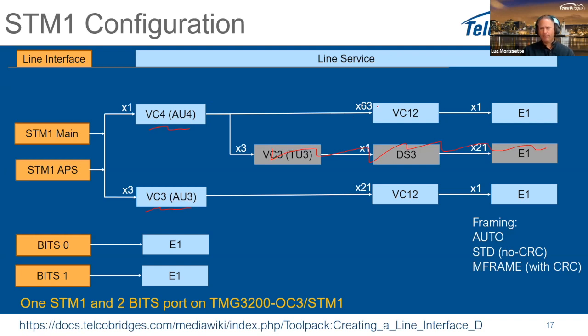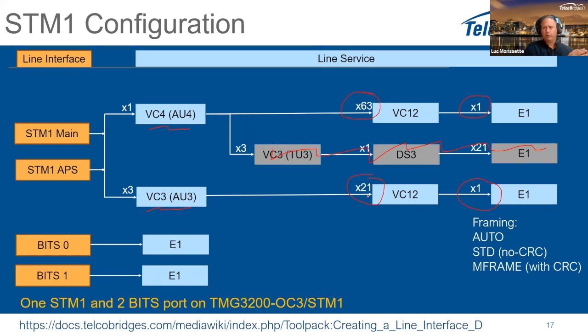If you have VC4, then you will have 63 VC12 containers and 1 E1 per VC12. So this gives you 63 E1s inside the VC4. If you use VC3 here, you will have 21 VC12 and 1 E1 per VC12. So that again gives you 63 E1s inside that configuration.